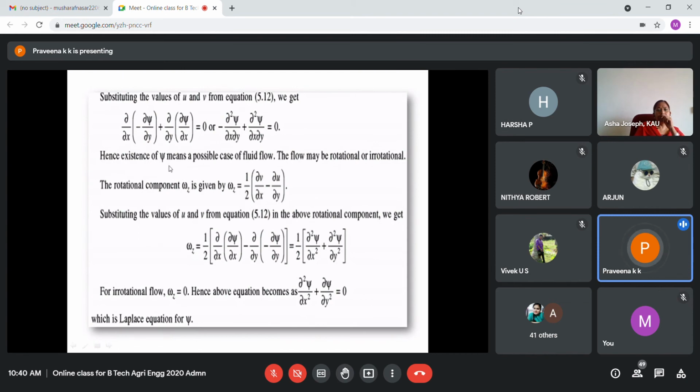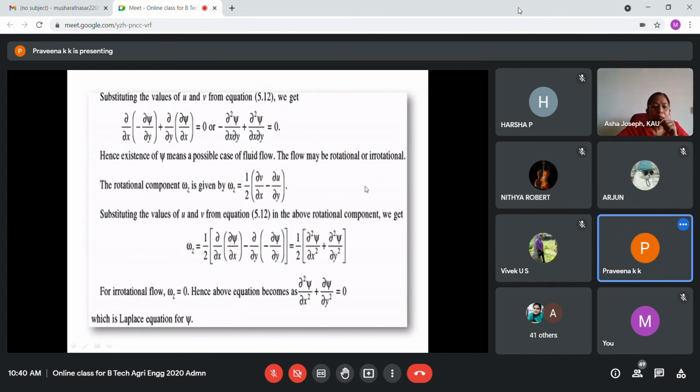Hence, the existence of psi means a possible case of fluid flow, and this flow may be rotational or irrotational. If a psi value exists in such expressions, then it is a fluid flow, and the flow can be rotational or irrotational.